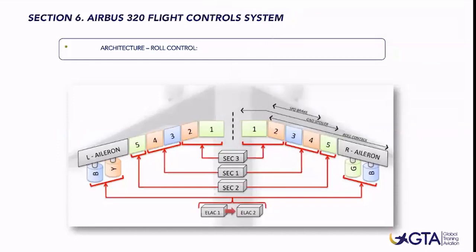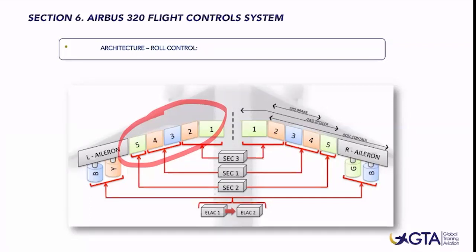Well, on this graphic, we have basically our 5 spoilers. As I mentioned in the previous slide, we'll use for roll control the 4 outer spoilers, I mean spoilers 2, 3, 4, 5, in flight. And additionally, the fly-by-wire system will use as well the aileron control.